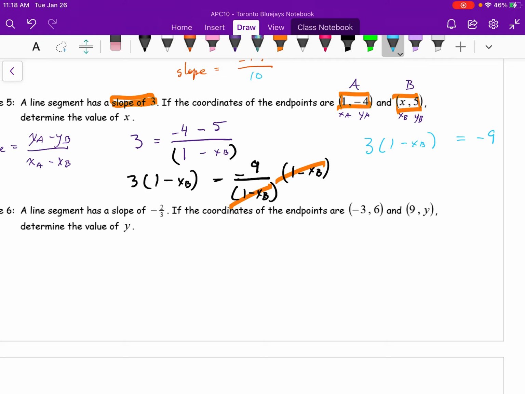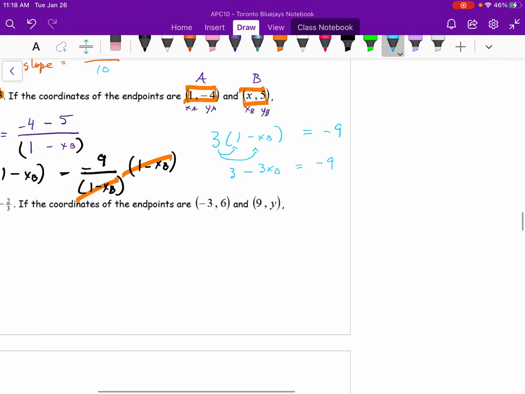Or you could rewrite the left-hand or right-hand side as long as you don't change its value. So on the left-hand side, I'm just going to multiply 3 into both terms of that binomial. 3 times 1 is 3, minus 3XB, because 3 times negative XB is minus 3XB. And this is equal to negative 9.